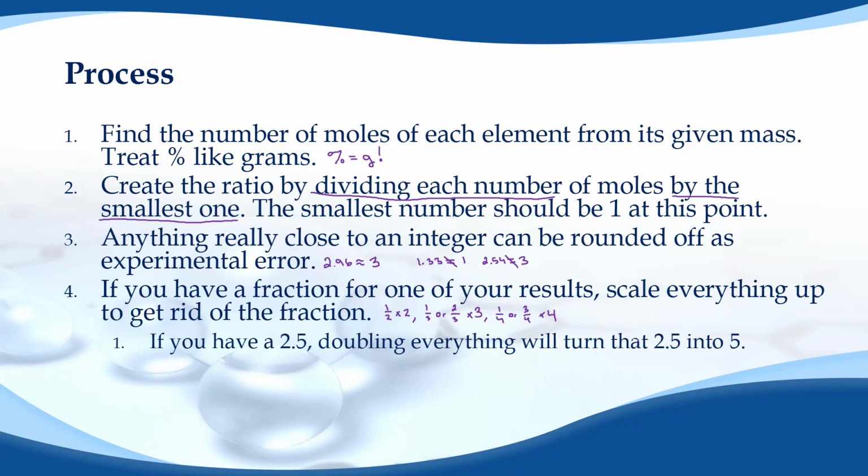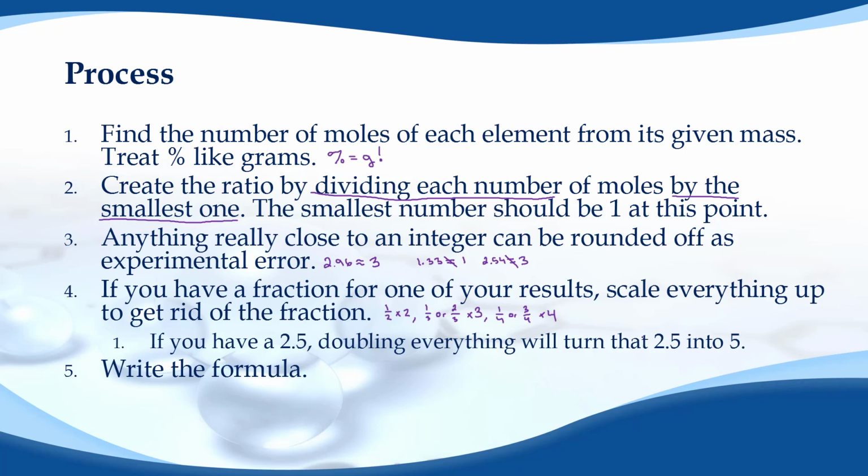So if we have 2.5, doubling that will turn the 2.5 into a 5, so it brings it up into a whole number. And then what we did to that one, we do to everything, so we scale it up by a factor of doubling. Once you have everything as an integer, then those numbers become the subscripts in your formula. I know the process sounds kind of complex. We'll do an example of it, and you'll get to see these whole sets of rules in action.